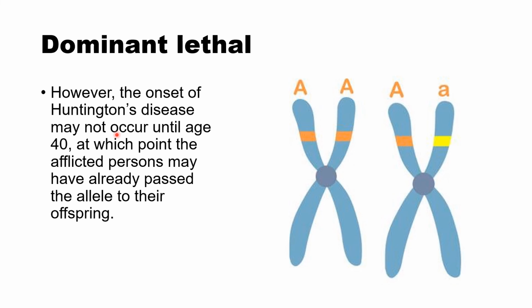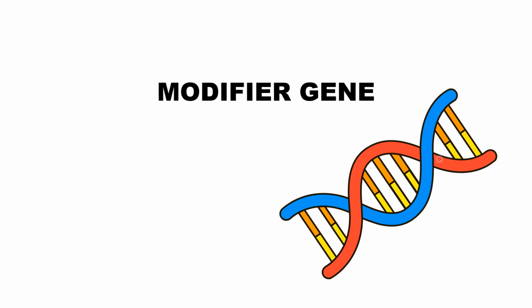At which point, the afflicted person may have already passed the allele to their offspring. Because Huntington's disease can only occur until the age of 40, you have a lot of time and a lot of chances to pass this disease on to your offspring. So, that's for the lethal genes.